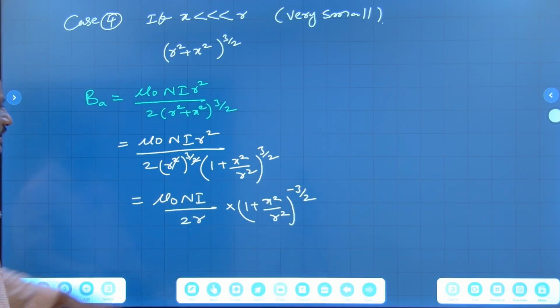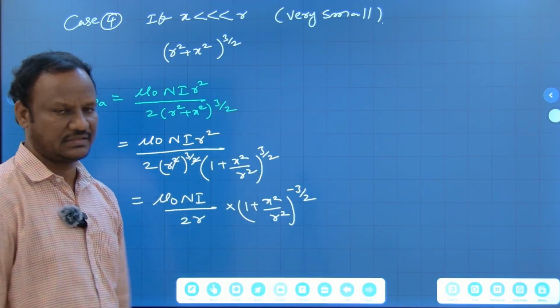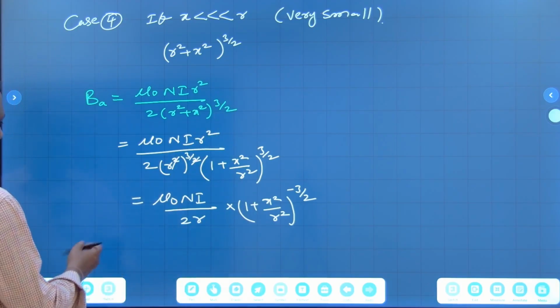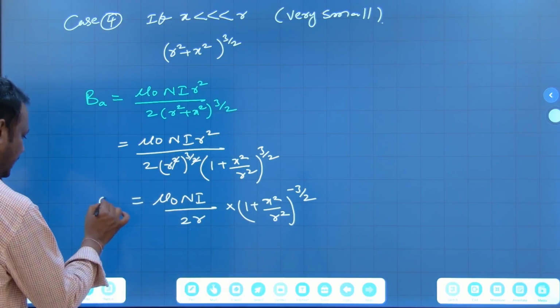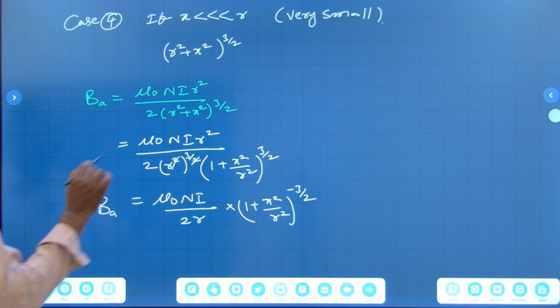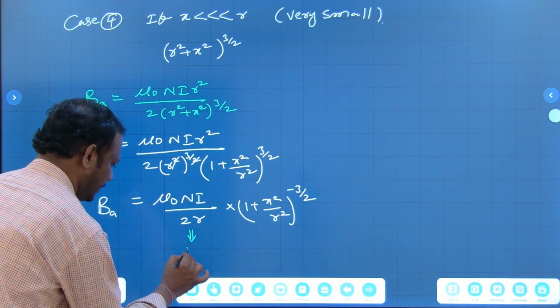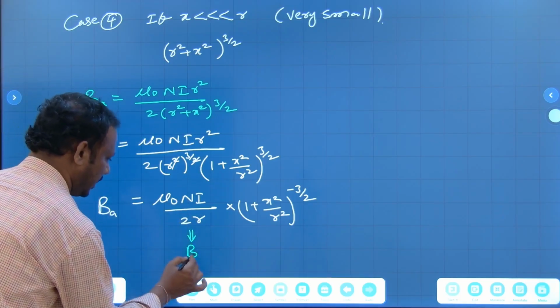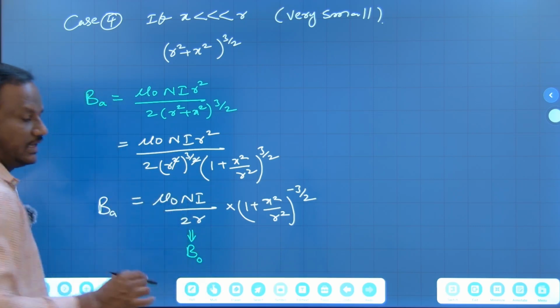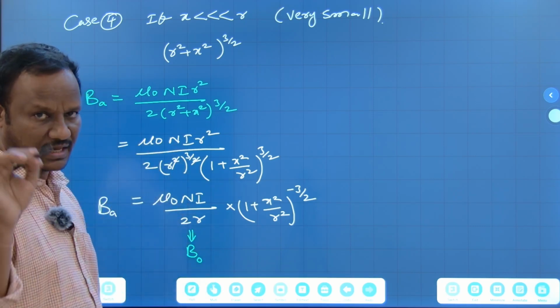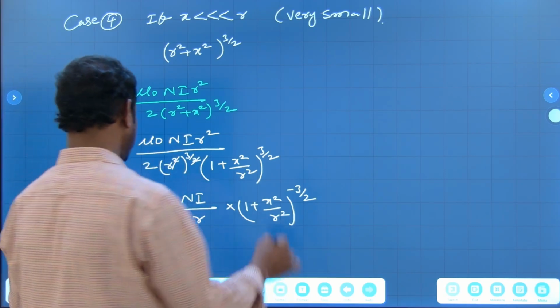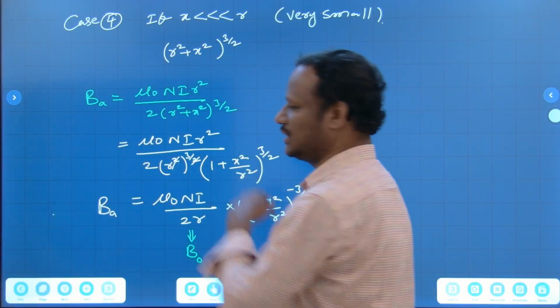You can check this; it becomes minus 3 by 2. This is the magnetic field at a point at the center of the current carrying coil. So B naught is equal to mu naught Ni by 2r, correct?